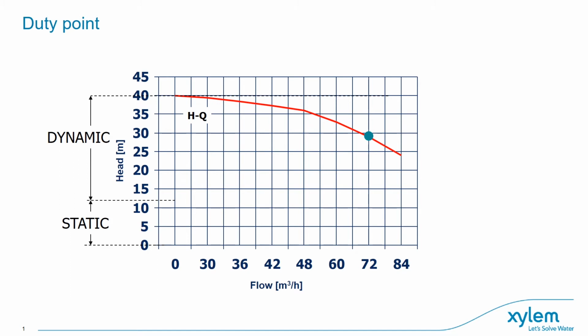So if we look at the duty point, when we have all the head calculations, as the flow increases, then our system resistance increases, so we will potentially lose pressure. So we calculate for the worst case scenario so that we know that we have enough motor power and pressure in hand to give the correct performance at the maximum flow that we require.